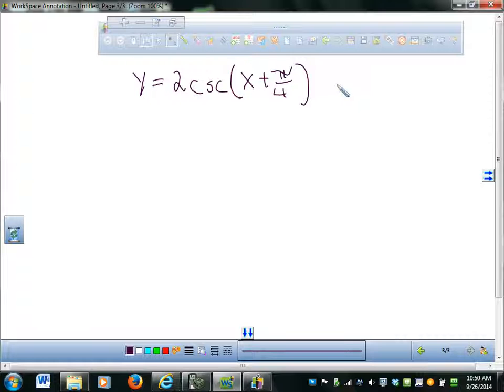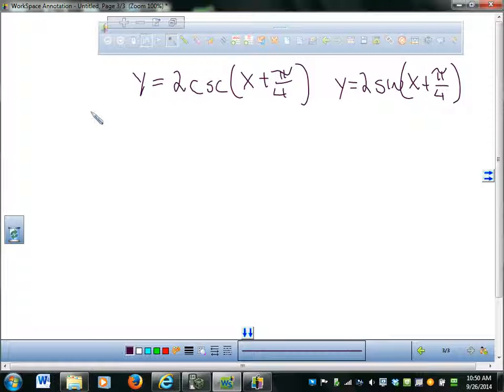Okay? So the way I would do that is just by starting by graphing y equals 2 sine of x plus pi over 4. Which is pretty easy, and then you could figure it out.